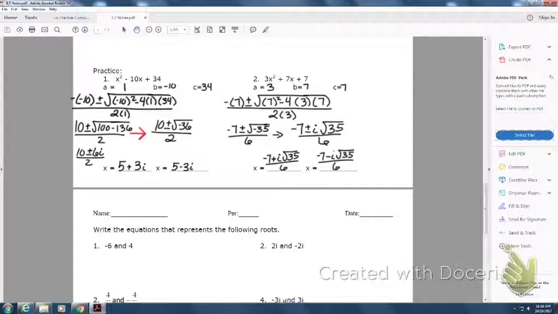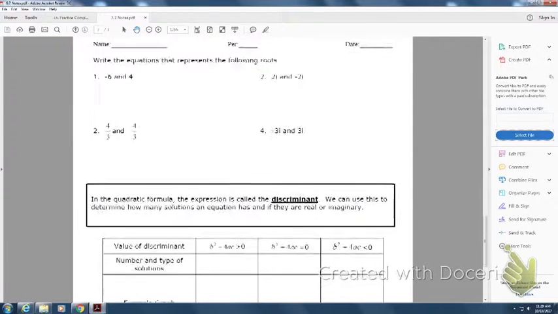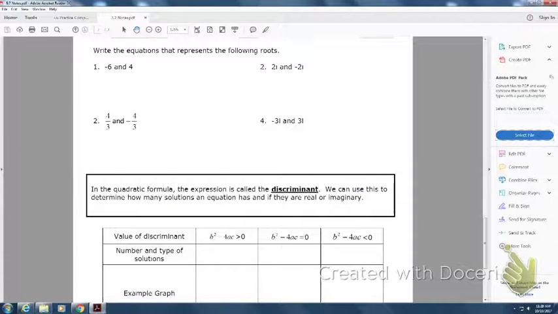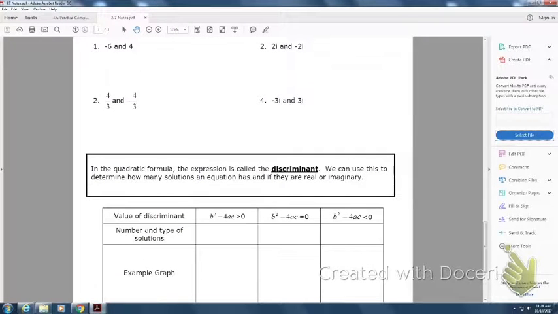Okay, so let's go down to the next part of the notes. With all those, and I don't think this is too complicated, these are roots that they've given us, and they want us to write standard form. Now remember, the roots are in which one of those three forms? Standard, vertex, or factored? Factored.